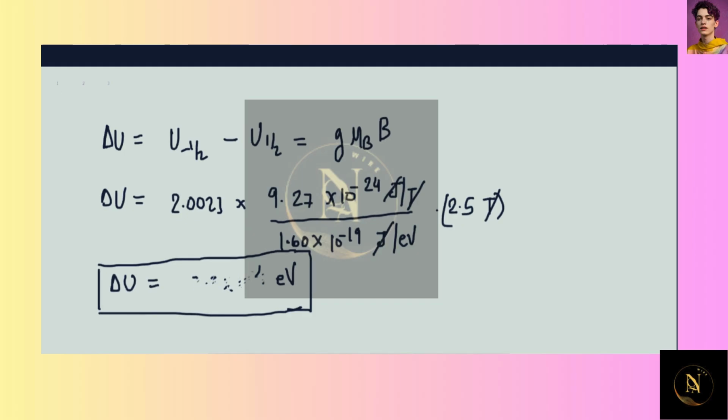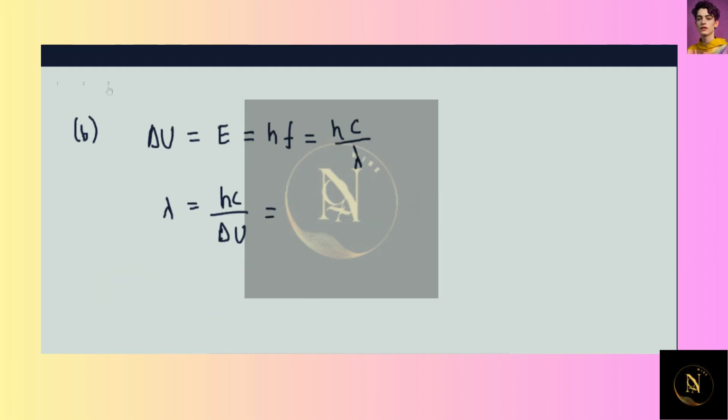The answer is, sorry for that, delta U is 1.16 times 10 to the power minus 4 electron volts. And then we move on.